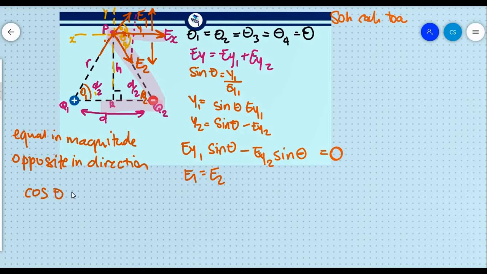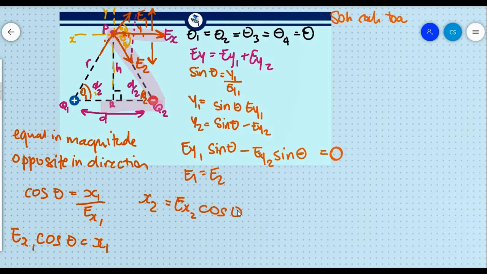So cosine theta is equal to the adjacent, which is x1, over the hypotenuse, which is EX1, and we're trying to find this. So EX1 cosine theta is equal to x1, and it would be the same for the component x2.